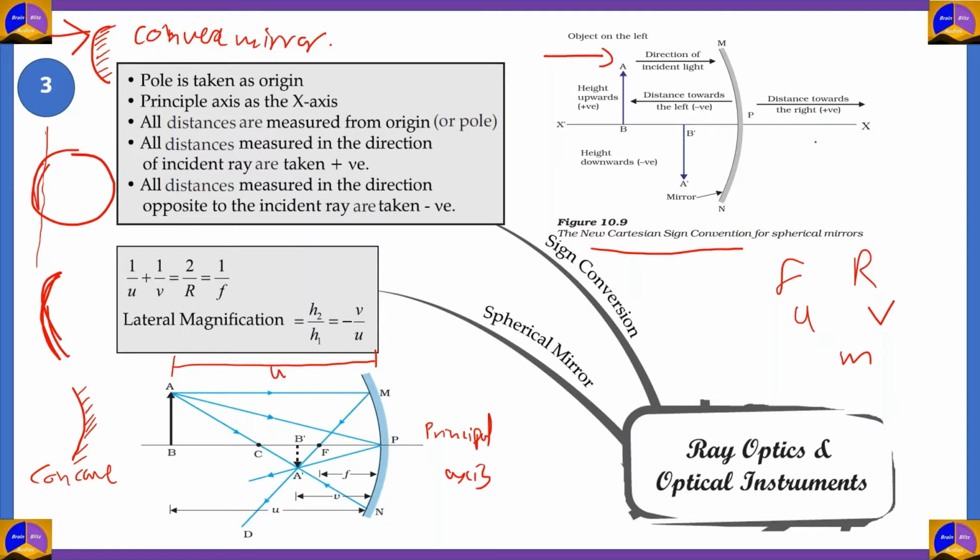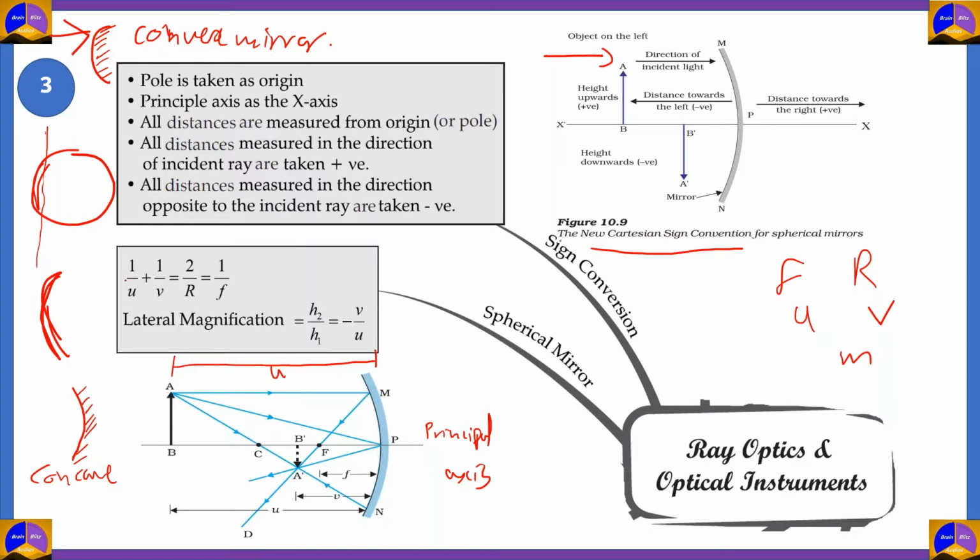So therefore, that distance will become positive. And another point is that the height of an object in the upward direction, perpendicular to the x-axis, is positive, while if it's perpendicular but pointed downward, then it becomes negative. So these are the simple sign conventions that we use in order to calculate quantities.